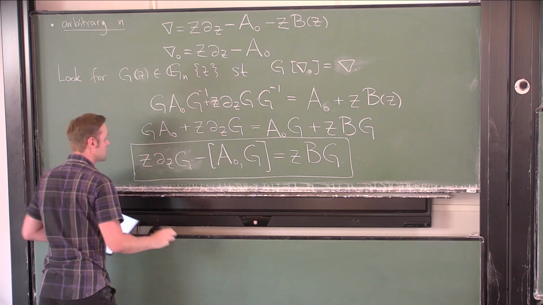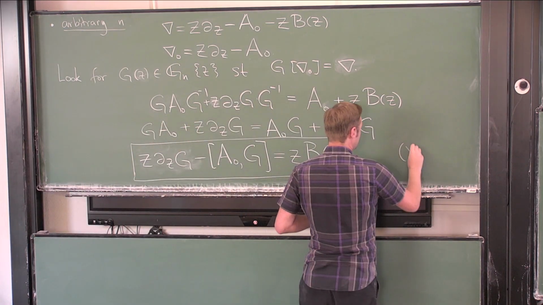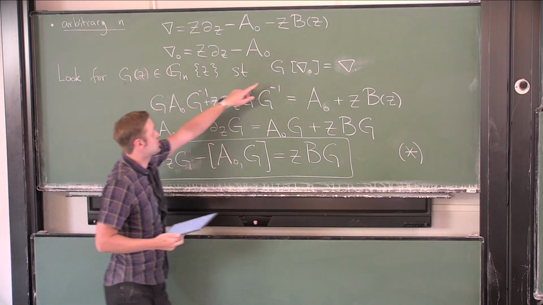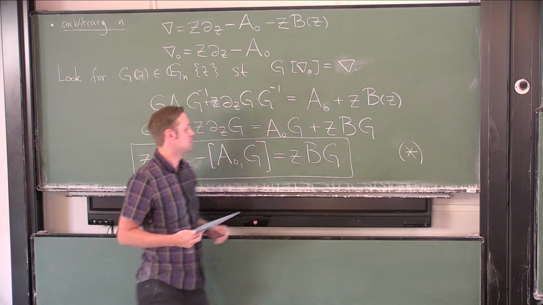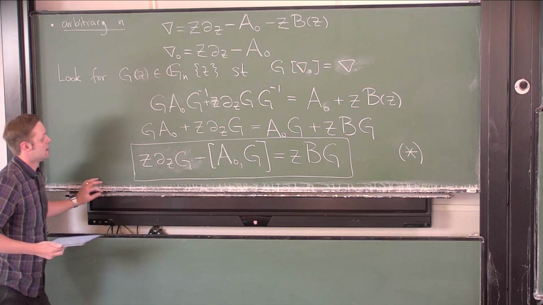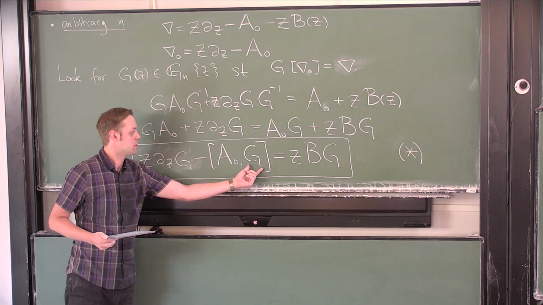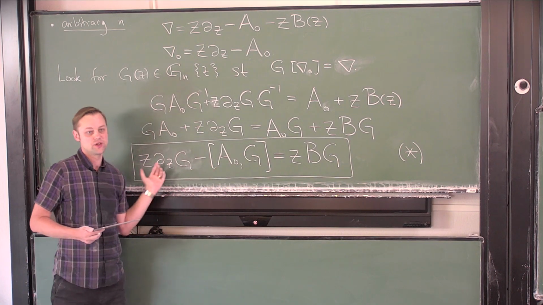So if we are to find a gauge transformation G which sends Nabla naught to Nabla, then we better look for an invertible matrix G which satisfies this differential equation.